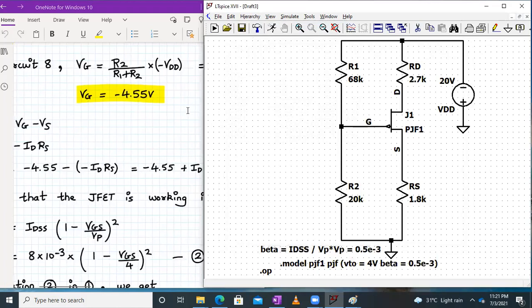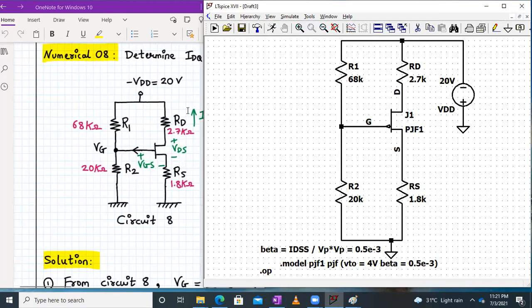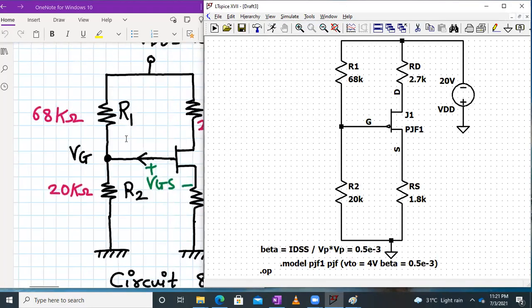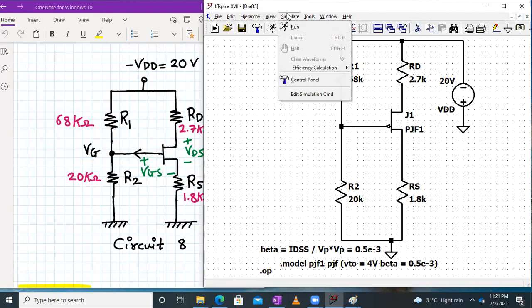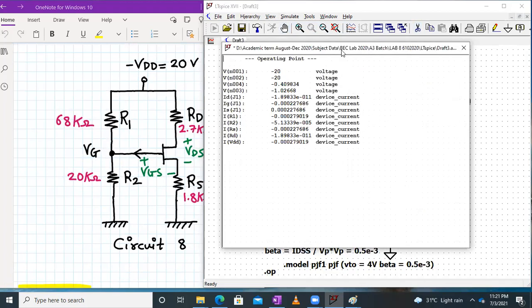Yeah, I guess the problem is that the values of R1 and R2 are quite low. Okay, it has to be a little bit higher. Let me check that. With a P channel JFET, this is the source and this is the drain terminal. Let me cross check it once more.